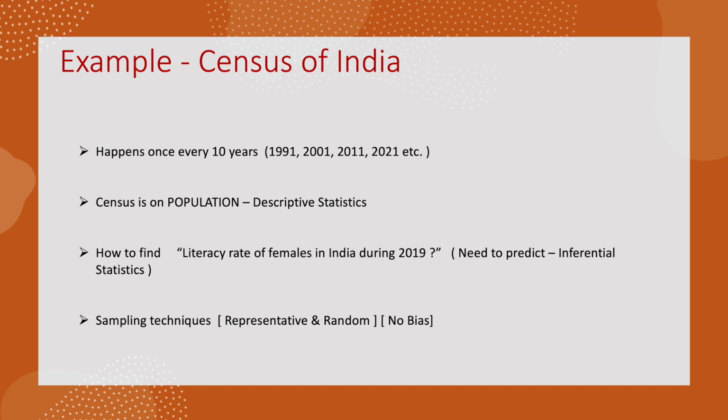You will take a small sample which is representative, and then you will see from 2011 to here what kind of growth we had. You will do some sort of regression analysis to predict the female literacy rate in India. You will try to estimate that, you will try to predict that. That falls under the bucket of inferential statistics.